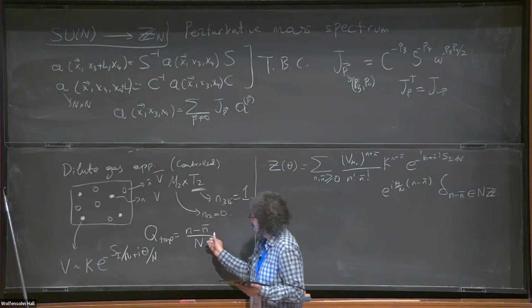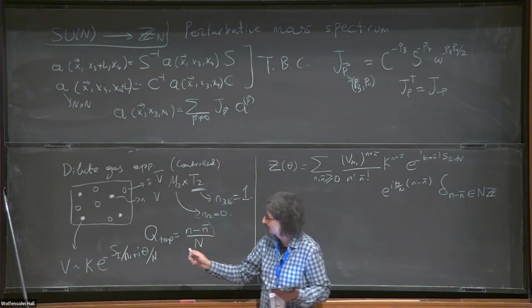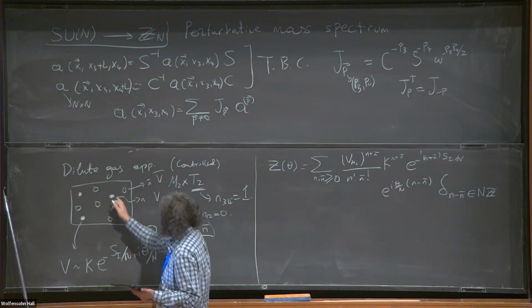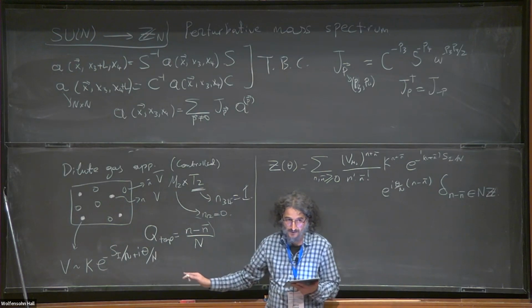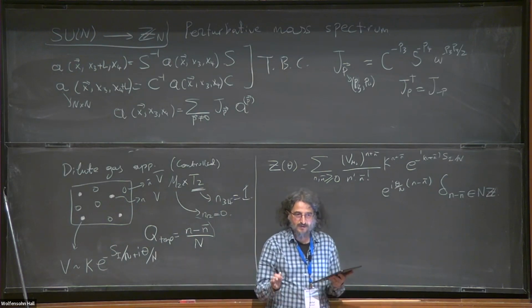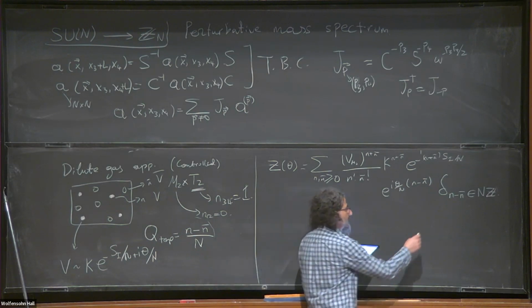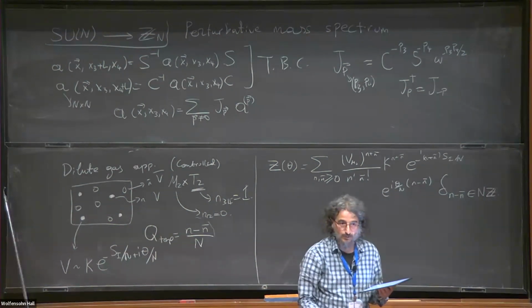I have to do a sum over integer topological charge configurations, but a generic configuration, including n vortices and n bar anti-vortices, has this topological charge. If I want to sum over configurations only with integer topological charge, I need to put this. This guarantees that I am only summing over integer topological charge.